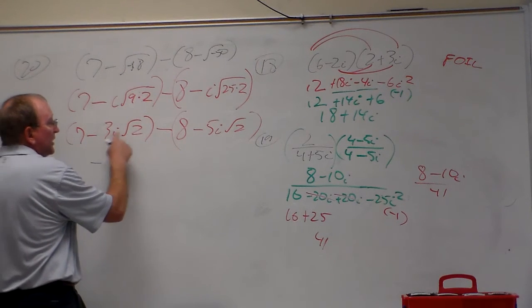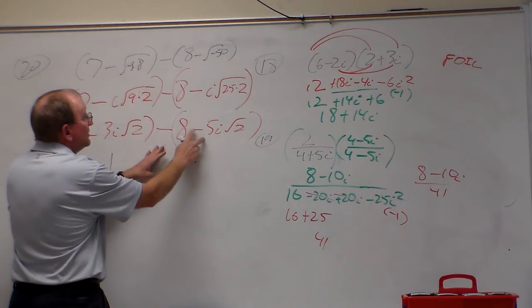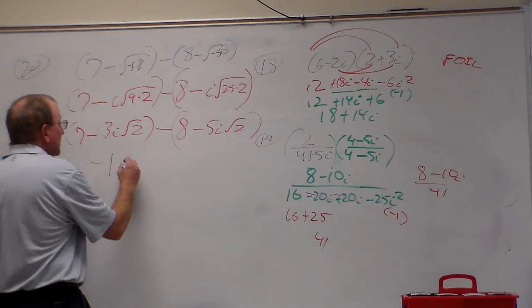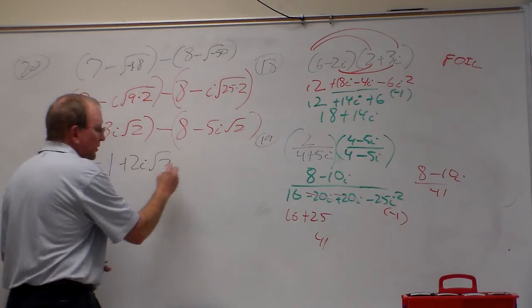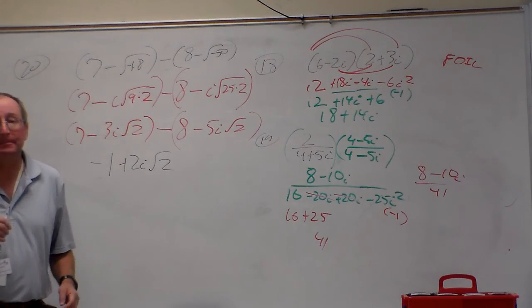And what's negative 3 minus negative 5? Remember, that makes it a plus. So negative 3 plus 5 makes 2i square root of 2. All right? So, there you go. That's it.